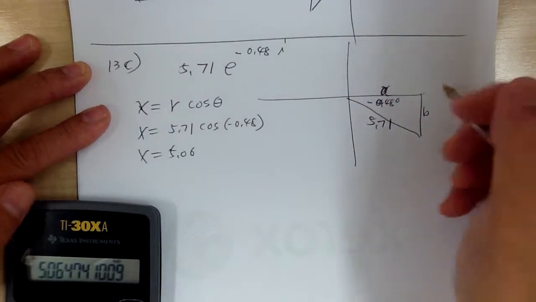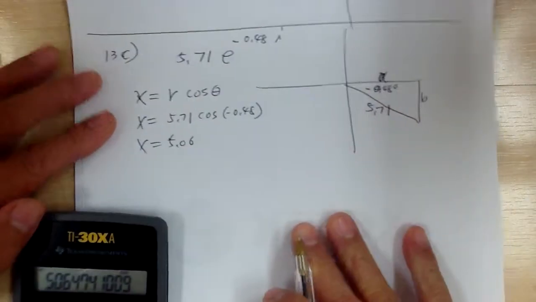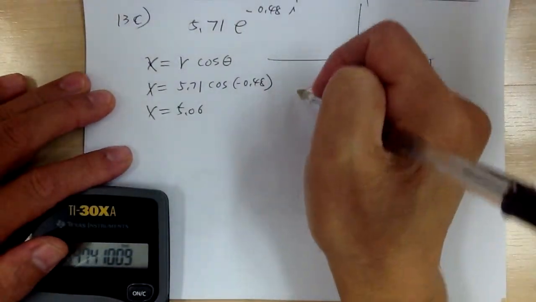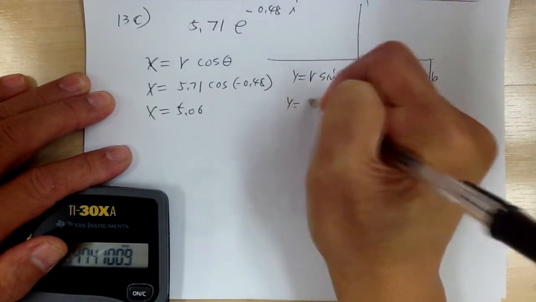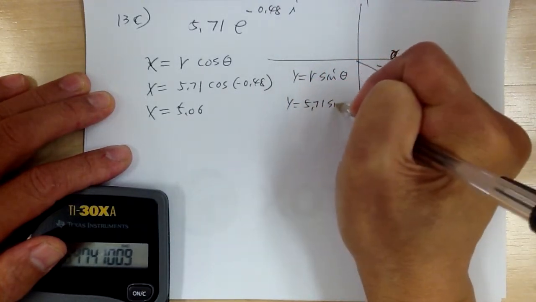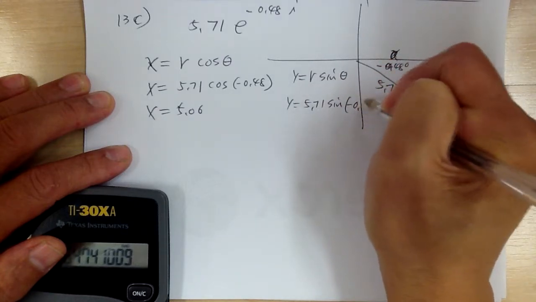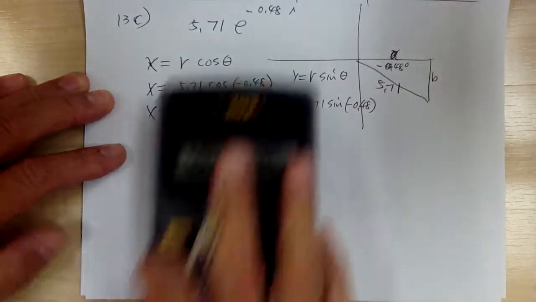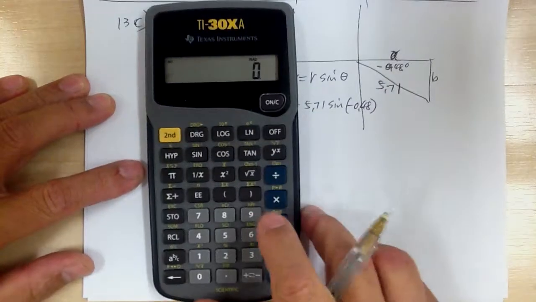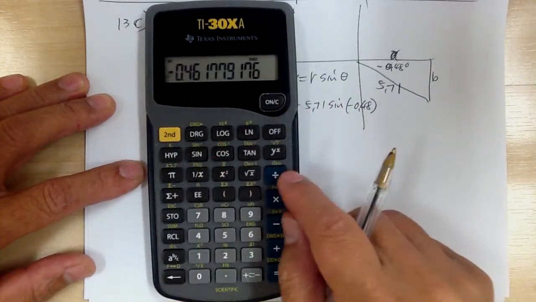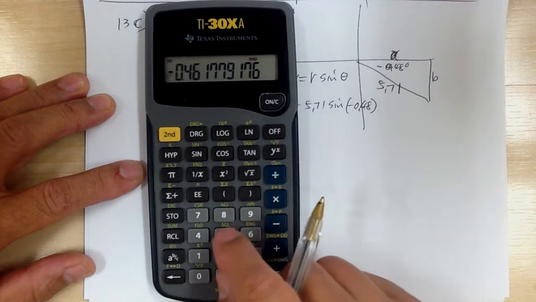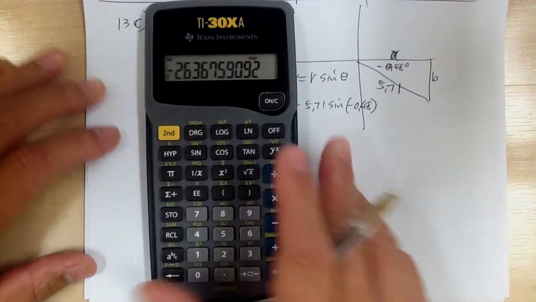Now to figure out the y, the y would be r sine theta. So y equal to 5.71 sine of negative 0.48 radian. Make sure it's in radian mode. So negative 0.48, take the sine of that, times 5.71.